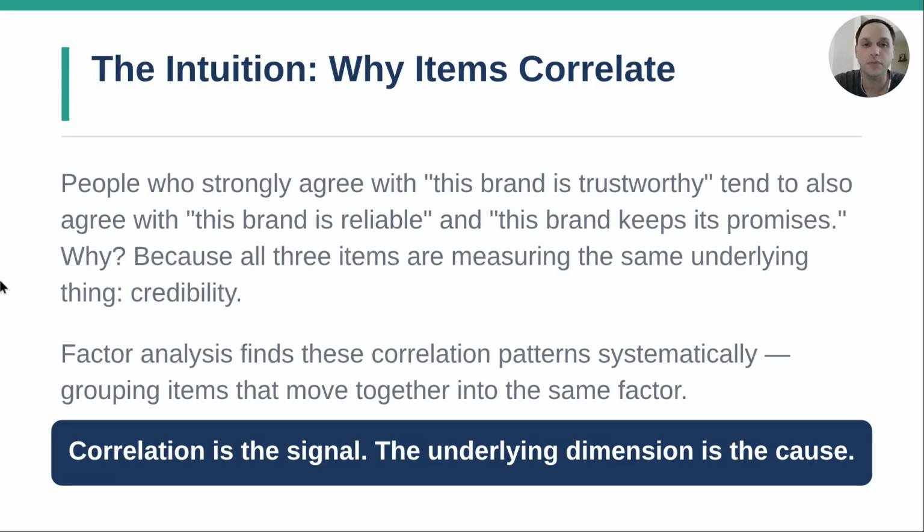All three items are being driven by the same underlying attitude, credibility. Factor analysis detects this by measuring the correlations between items, and items that are highly correlated with each other are almost certainly measuring the same underlying thing. The correlation is the signal. The underlying dimension is the cause.